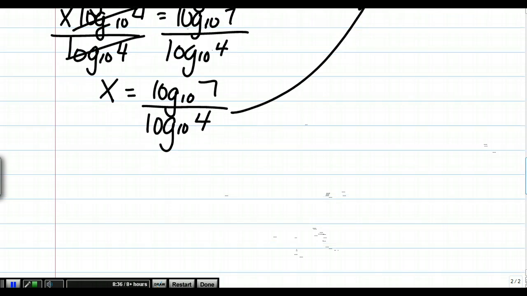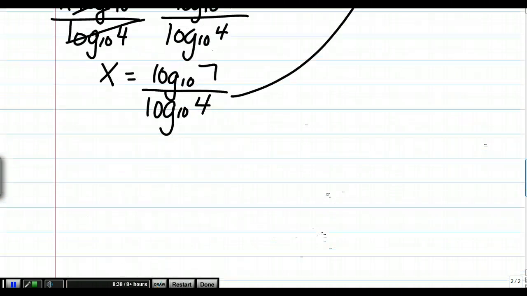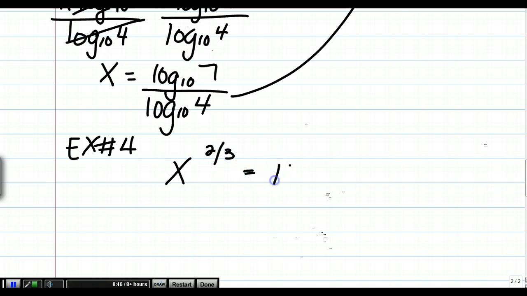The last example I want to do, and I think this is number 4, and it's really short, I'm just reminding you that if you have x to the 2/3 power equals 12, if you remember, back in chapter 10, whenever your variable is your base number, you multiply by the reciprocal to both sides.